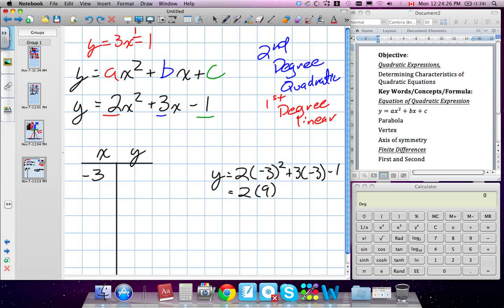Minus 1. 2 times 9 is 18. Minus 9 minus 1 is 8. So when x is -3, y is 8.